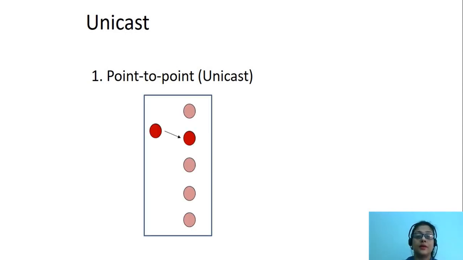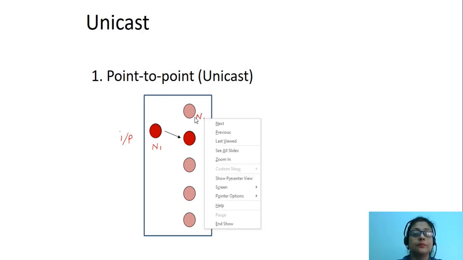Let's look at this diagram. This diagram shows that there is a single input at the input side. So this is node N1, and at the output side we have several nodes.